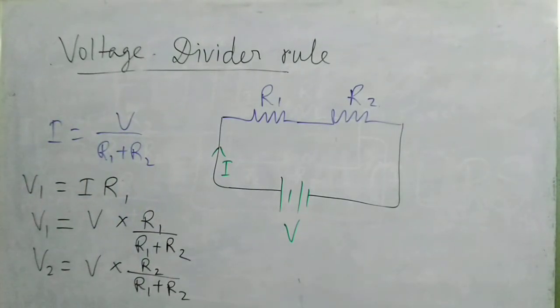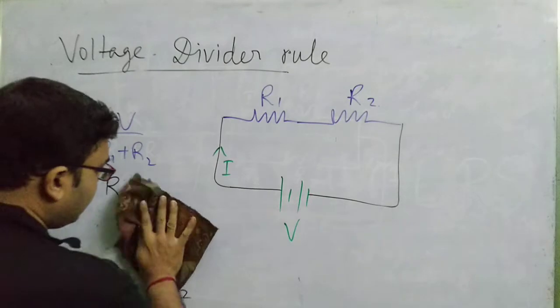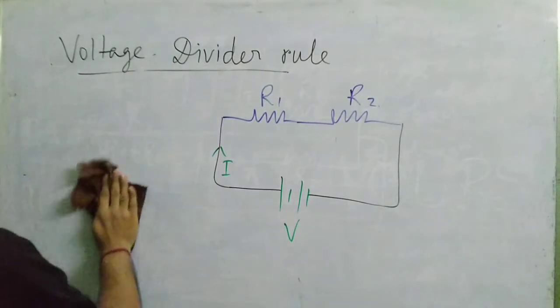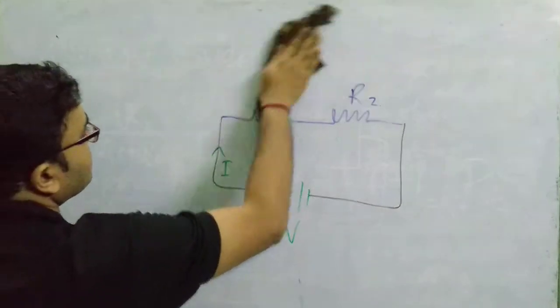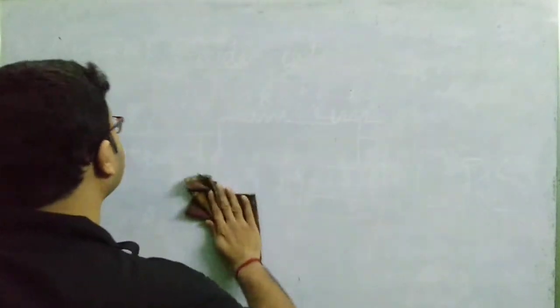So from this current divider rule or voltage divider rule, you can understand that the current is being divided in the reciprocal of the ratio of the resistances, and voltage is being divided among the resistors in direct ratio of the resistances.